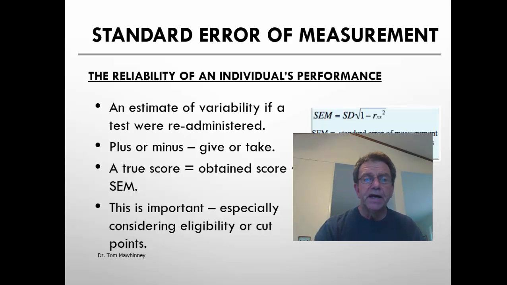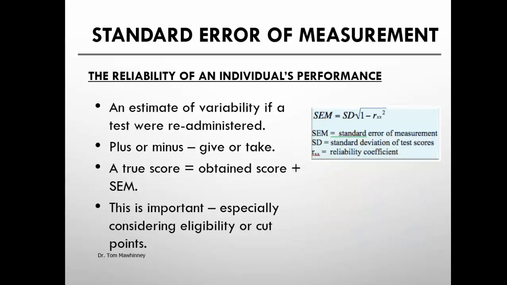And it's usually given as a plus or minus, and Popham uses the comparison to a lot of the surveys that you might see in the paper or the television, or now that we're getting close to elections, you'll see that this survey is correct to plus or minus 3 points, or plus or minus 5. That's what a standard error of measurement is.